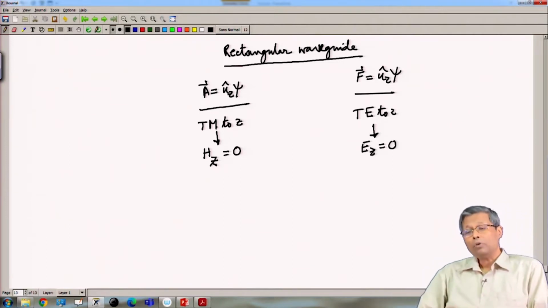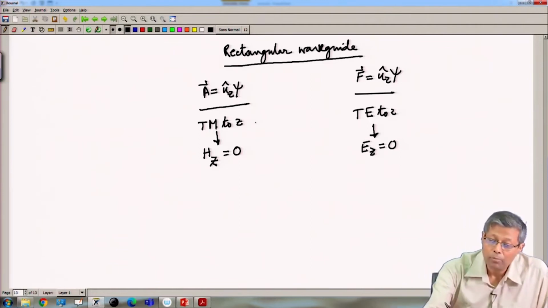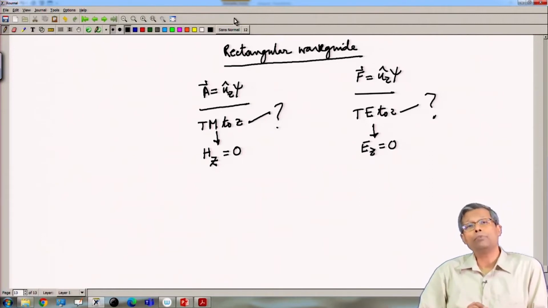When we now apply this knowledge to the analysis of any guided mode behavior in a waveguide, the first thing we need to understand is whether these are valid mode sets in the rectangular waveguide, whether these modes are supported.